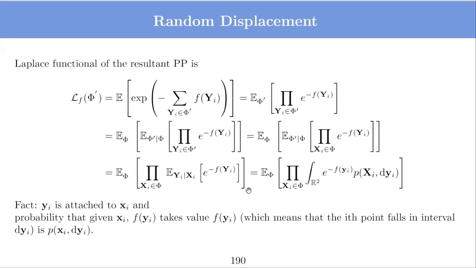So the expectation is the summation over all those small intervals of the actual value at that point multiplied by the probability that it takes a value around that point. So this is an integration of e to the minus f(y) times the probability that y_i belongs to dy given x_i.